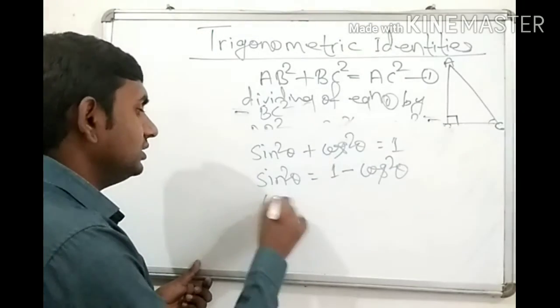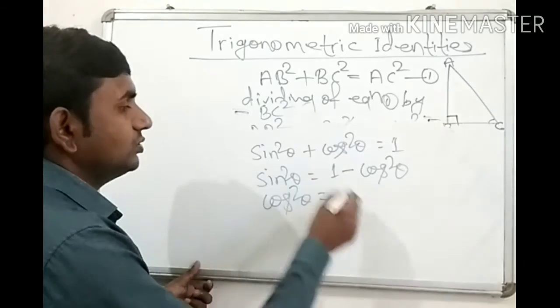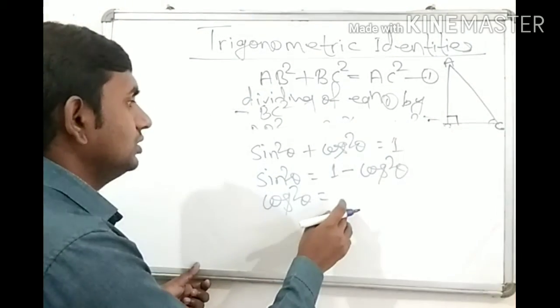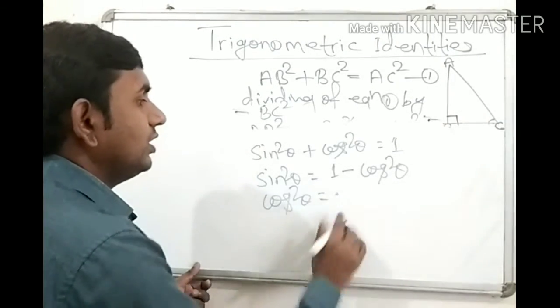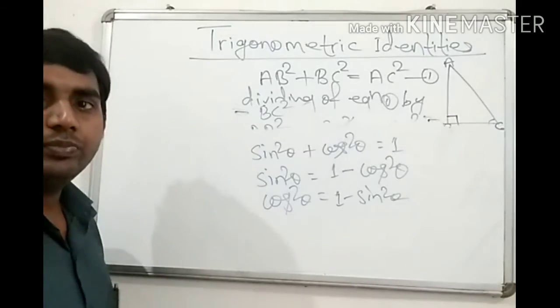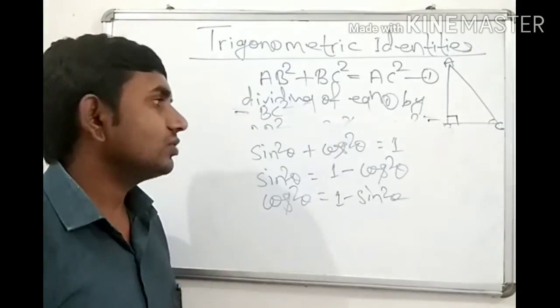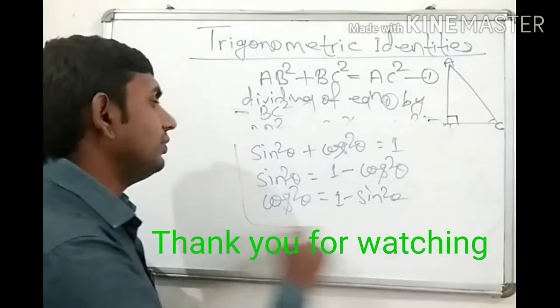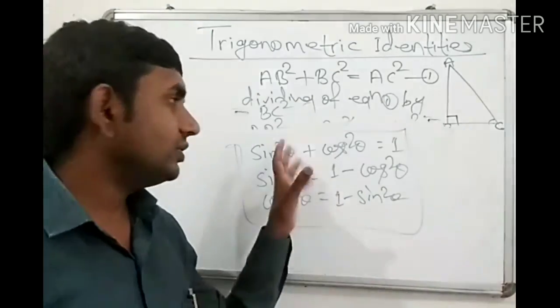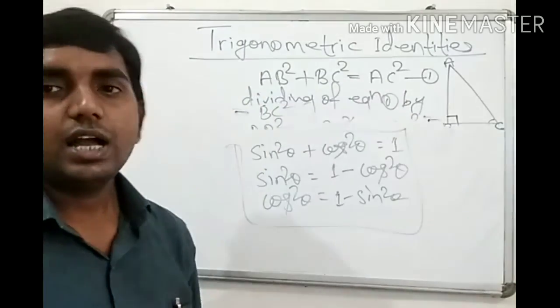If you want to find cos square theta, it is equal to 1 minus sin square theta. So we also find these three equations. All these equations are called trigonometry identities.